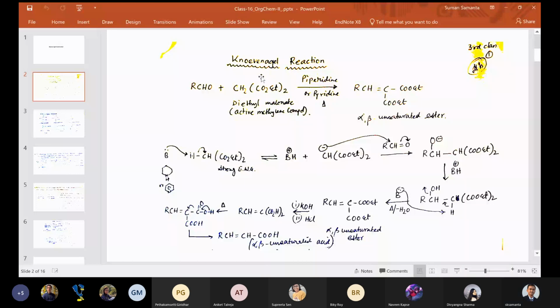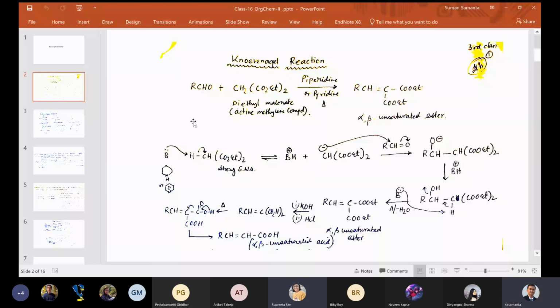Have you heard about this name before? Do you know any other example of active methylene compound? No, here we are not taking the acids, but the ester counterparts of those acids.